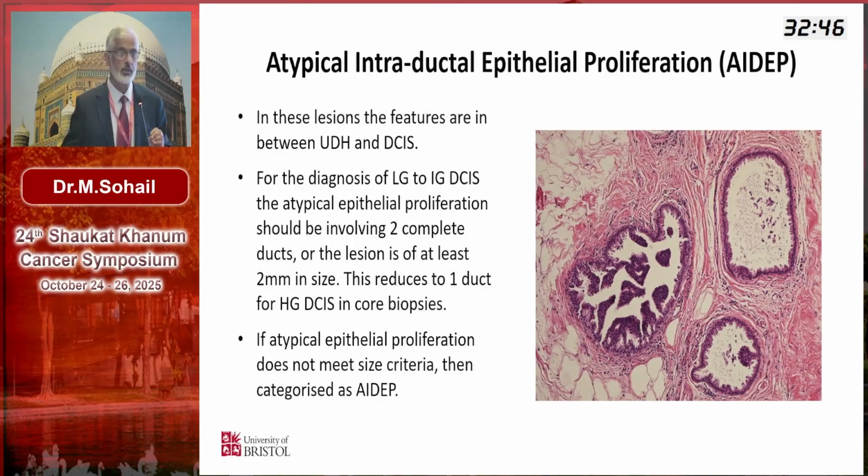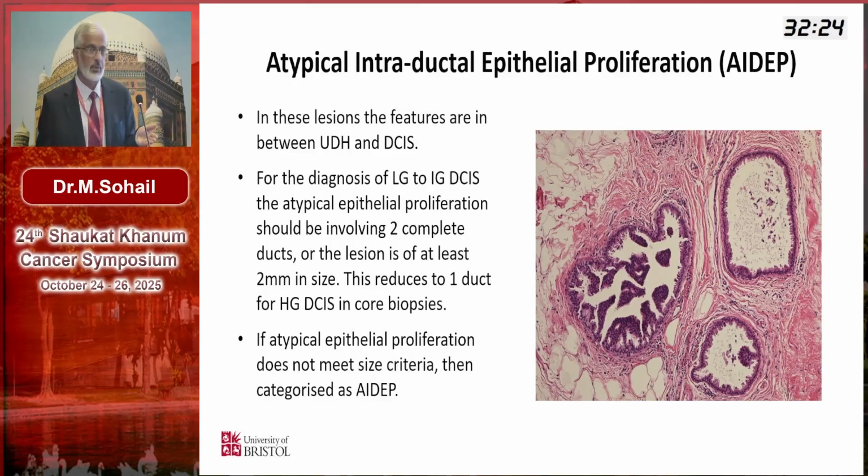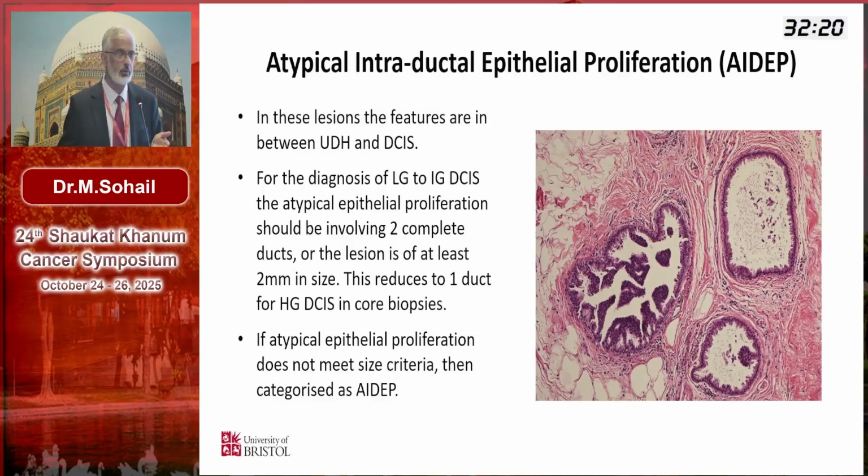So why this new term in contrast to ADH? The term ADH is meant for excision specimens. But in a biopsy, you don't know if this is the only duct the patient has. If you take more sampling, you may find 3-4 more ducts, which often happens in at least 25% of the cases. Then the surgeon or patient may come back and say, last time you called it ADH and today you are calling it DCIS.